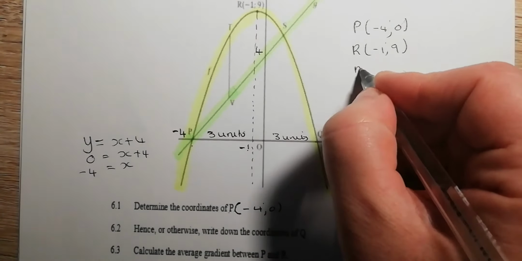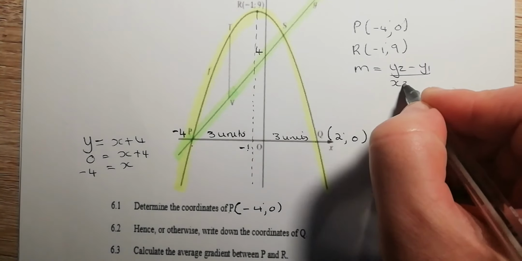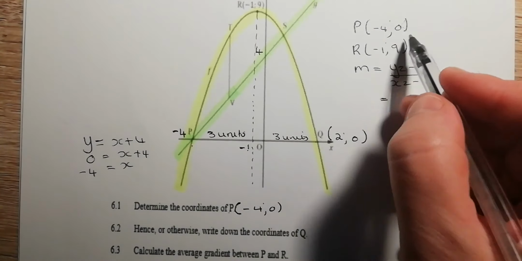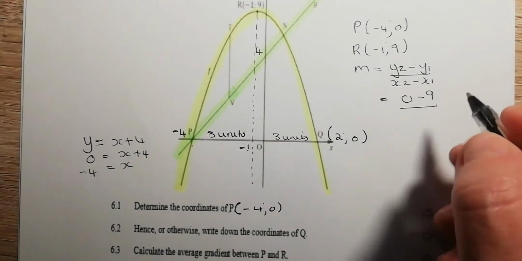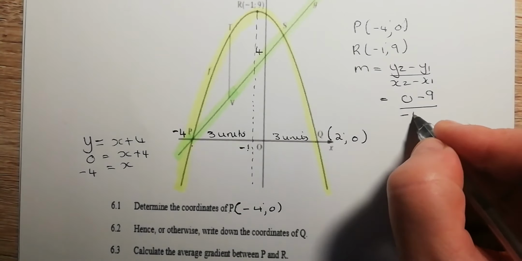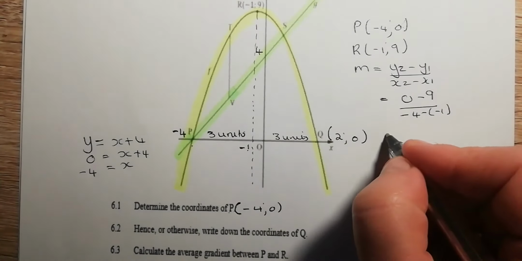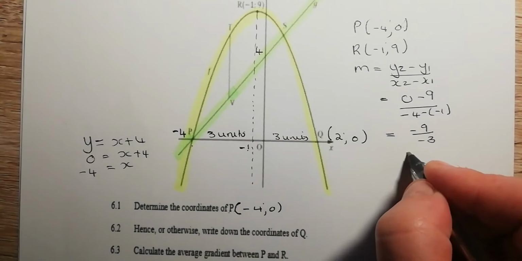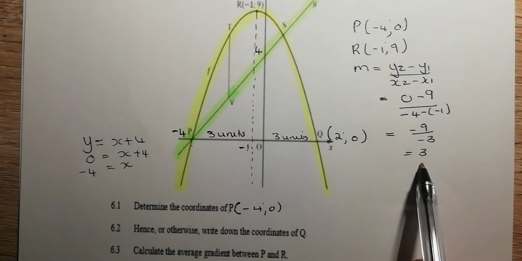So we said the average gradient is the change in y over the change in x. So my y values is 0 minus 9, and my x values is -4 minus -1. If I work that out, it is -9 over -3, and that is 3. So my average gradient is going to be +3.